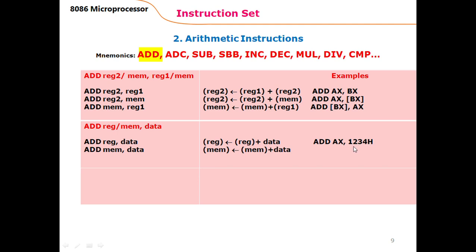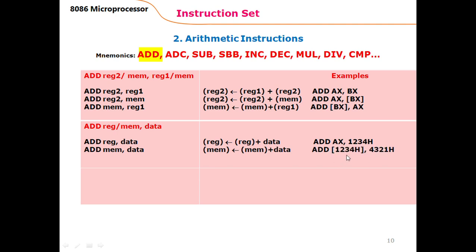This value 1234H is an immediate value, and it is not an address. If it were enclosed in brackets, then it would become a memory location. So the 16-bit data at that memory location would be added with AX, and the result would be stored in the AX register.